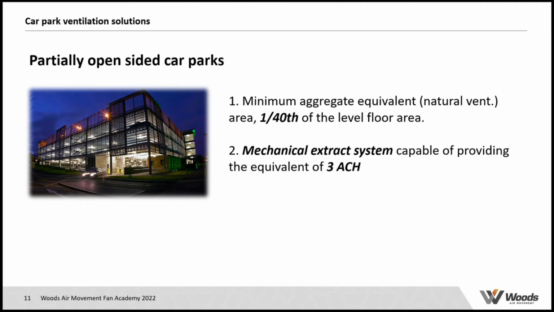The reason that it has a fairly low air change rate, certainly if you compare it to the air change rate for smoke clearance, which we will touch on in the next couple of slides, is that the system is primarily there to support the natural ventilation and make sure that you don't have these areas of stagnant air. For smoke, it is considered to be naturally ventilated, so that you have natural smoke dispersal as a result of the natural buoyancy of warm smoke in a car park. But that's a subject we'll talk about separately in this presentation.